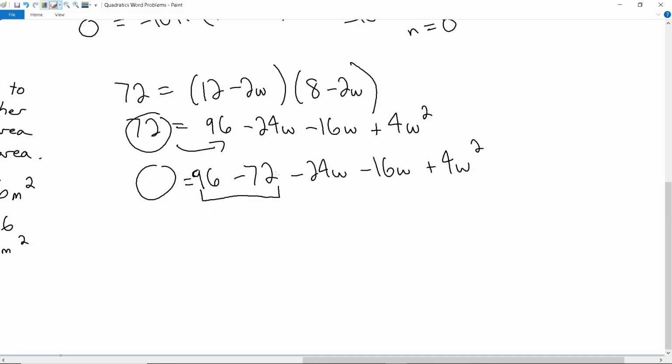So I have like terms here, I have like terms here, and just for good form, I want to put this term at the very front. So doing all of that, I get 4w squared minus 40w, and 96 minus 72 will give me 24.